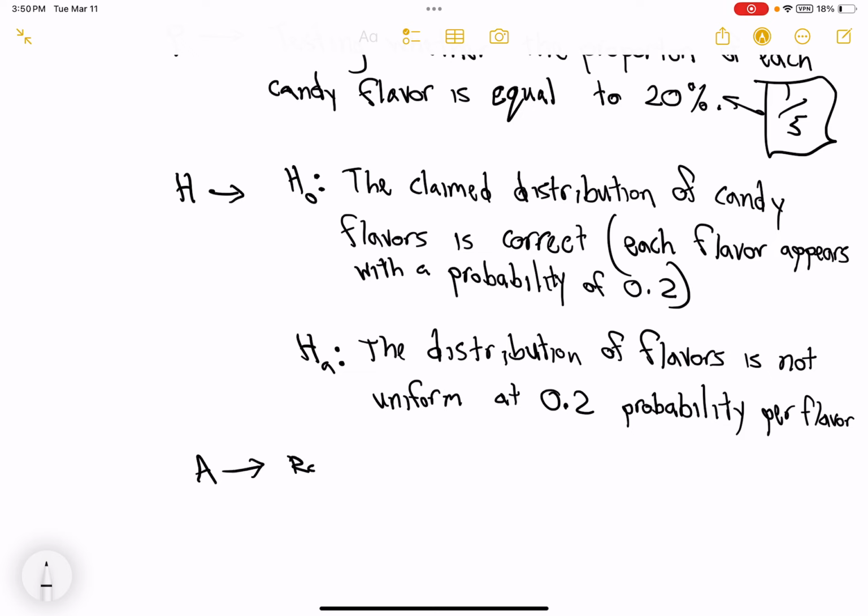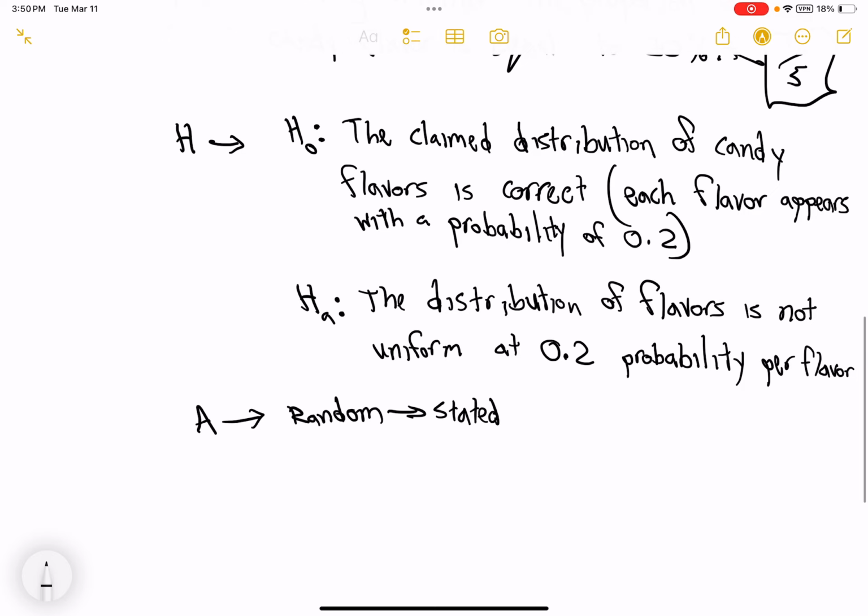First one, random. It should say in the question. Must be stated. Okay? Always the case. Second thing, independence. What do we do for independence? Well, we're going to take our sample size, which in this case was 100.